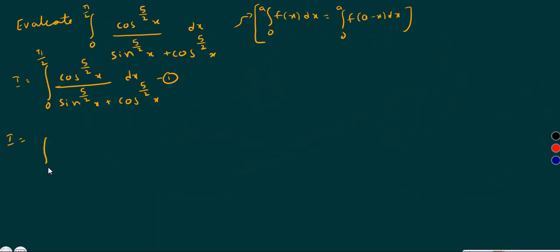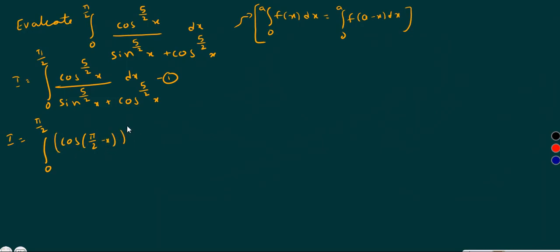Now I equals the integration from 0 to pi by 2 of cos power pi by 2, in place of x you write pi by 2 minus x.